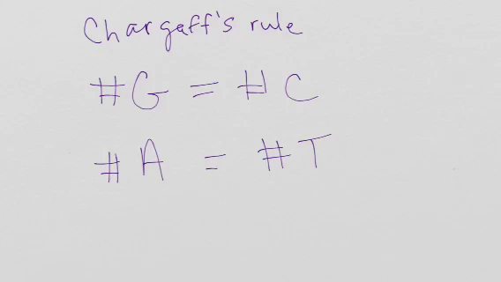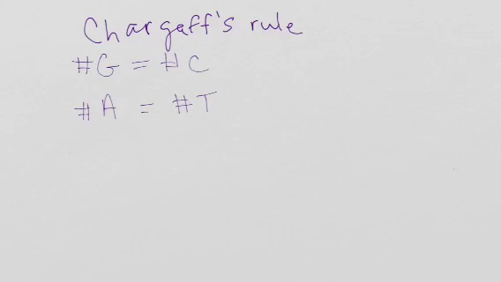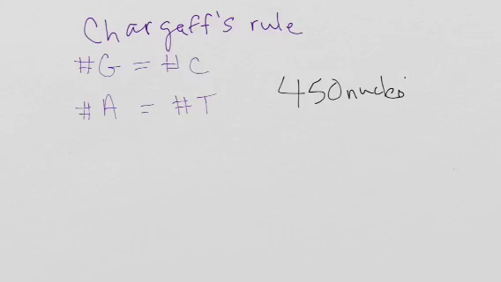So if we look at this, all right, if we want to do a mathematical problem here, if I were to tell you that you had something like, I don't know, a total of 450 nucleotides. So that's a segment of DNA that's got 450 nucleotides in it.